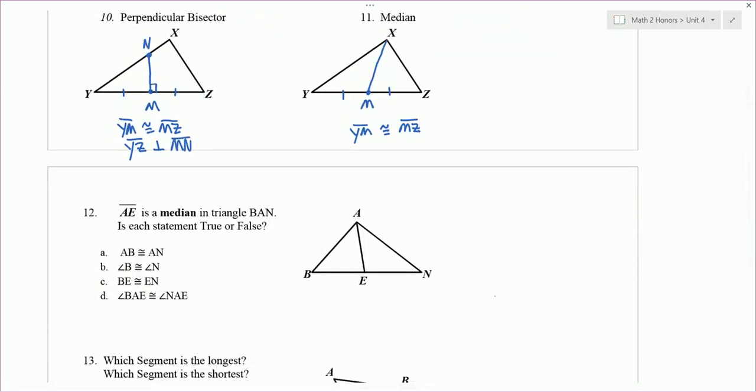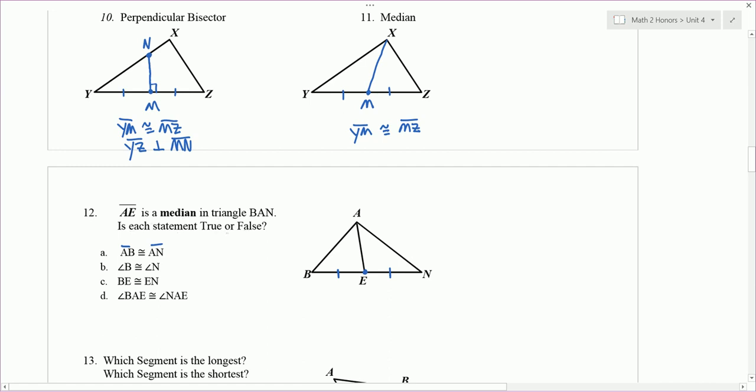Number 12, AE is the median of triangle BAN. So that means E is the midpoint, and so BE is congruent to EN. It's asking, is each statement true or false? AB is congruent to AN. I don't like this as true or false.